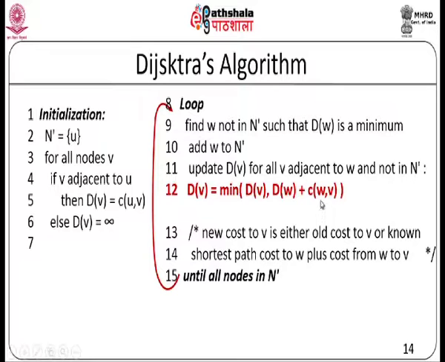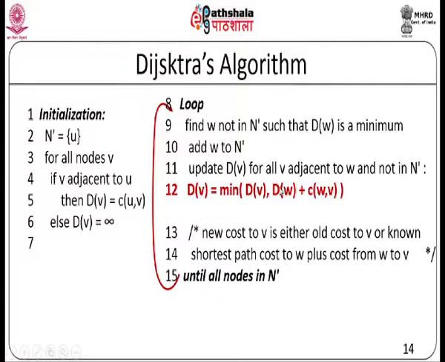Out of these two, whichever is lower, that minimum value is chosen as the new cost to v. This whole process is repeated until all nodes are in N'. So you keep picking one node from the set which is not in N' and keep moving it to N'. This is the process that is used.